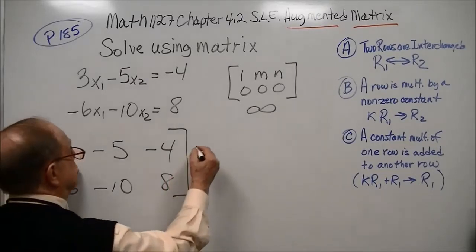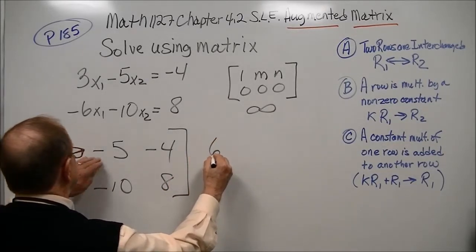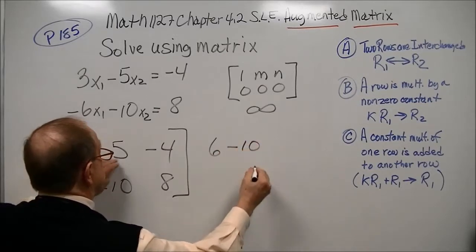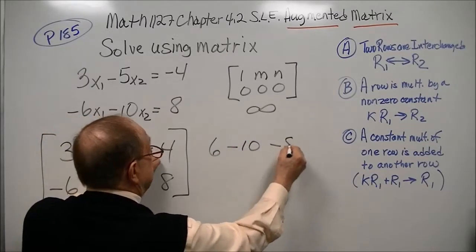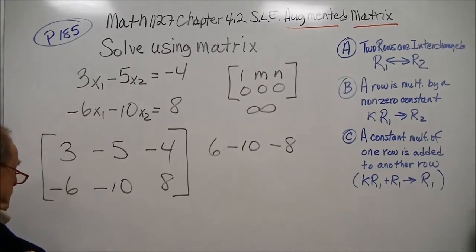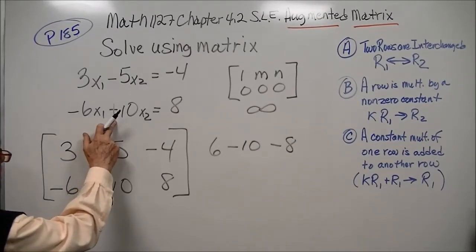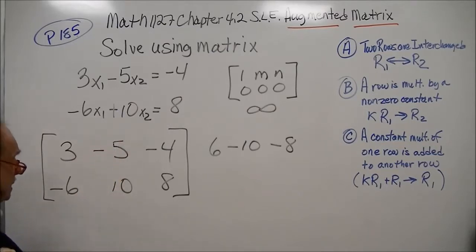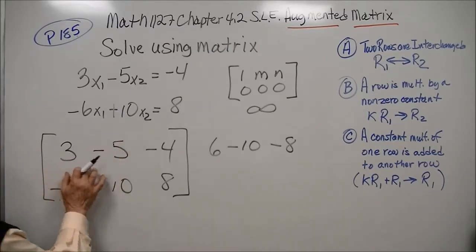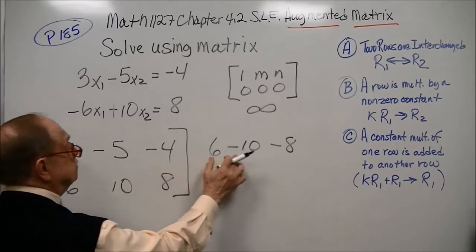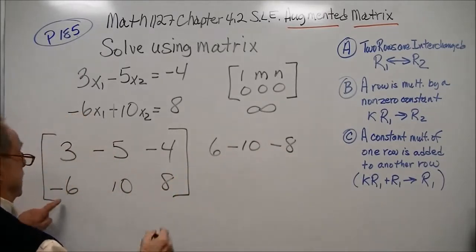I'm going to multiply this by a 2 and get a 6. This is a negative 10, and this is a negative 8. And hopefully I copied that down correctly. Let me double check it. One little sign will mess you up. Now this is positive, so this is positive. So again, I'm going to multiply this row by a 2. I get that. And now notice this row.